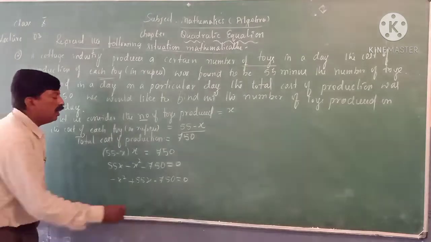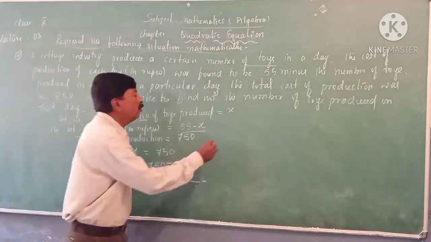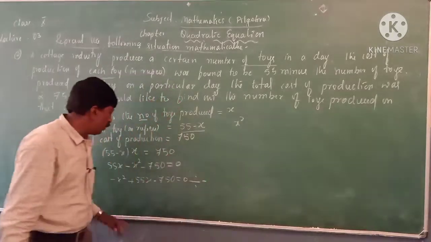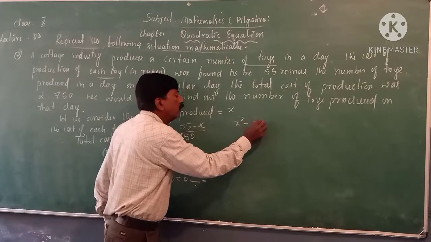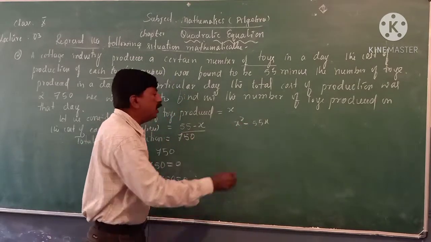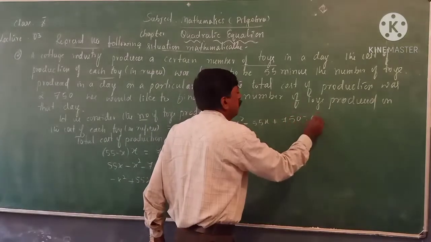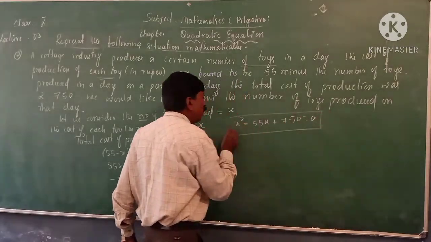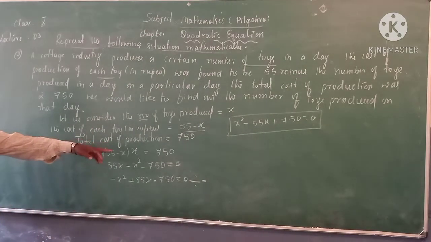Make this a positive sign by dividing by minus. Therefore, minus by minus is plus x square, plus divided by minus is minus 55x, and minus divided by minus is plus 750 is equal to 0. Now we got an equation, and that equation is a quadratic equation.